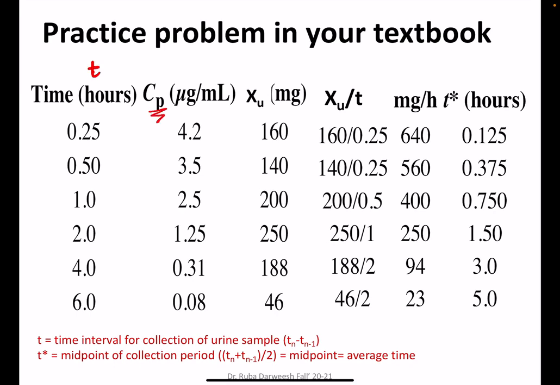We have the concentration measured at a certain time. We have the amount excreted in the urine. We have the amount excreted over a time interval. Okay, it's the time interval, and we have T star. Sometimes it's just T prime, and sometimes you will have it as T slash. Okay, in hours.